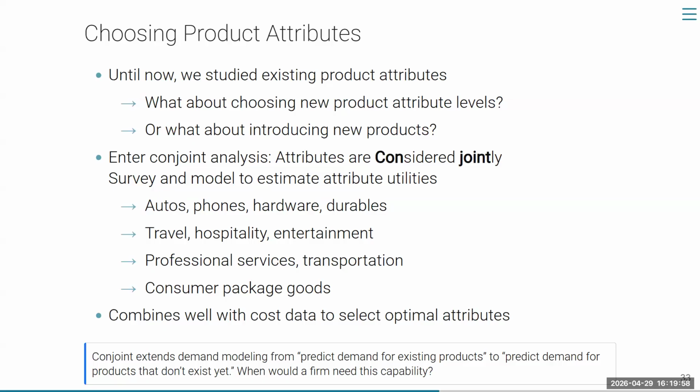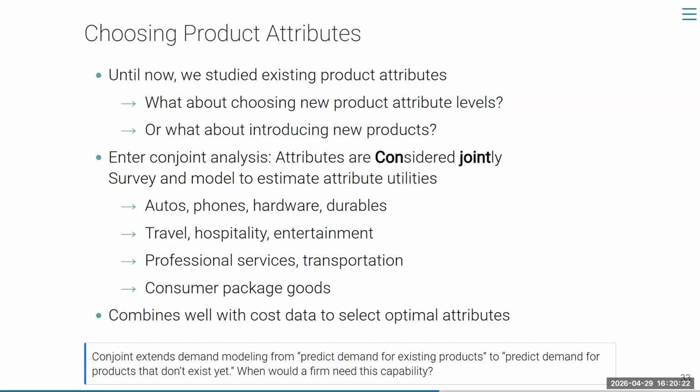These are real trade-offs, right? They can't just give you the best of every single attribute, because you're going to have a brick in your pocket and you don't want a giant phone in most cases, right? So before you sink that 9-digit tooling cost into your factory, you can predict which combinations of attributes are going to max your profits.